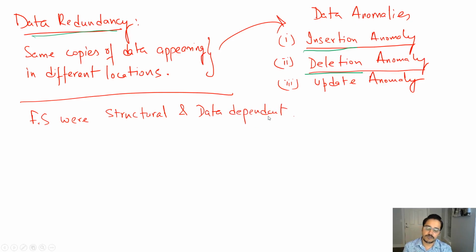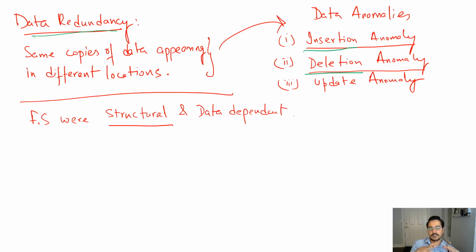When we move towards the database systems, we are trying to address these kinds of issues that we have, right? What that means is that anytime there was a change with respect to what information or data you're trying to store, you would have had to change all the programs, all the procedures responsible for managing your file systems, because all of them are structurally dependent.